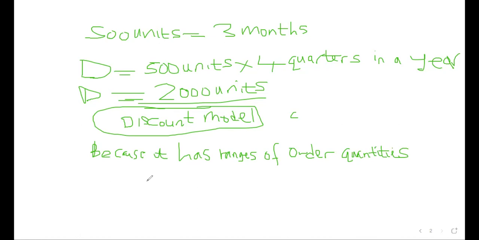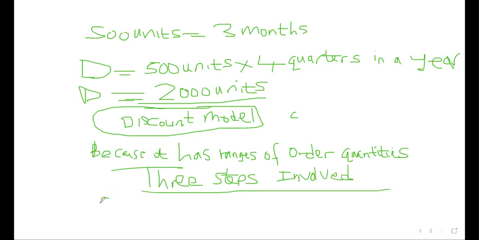So there are 3 steps involved in the discount model. Step 1: find EOQ for all ranges.